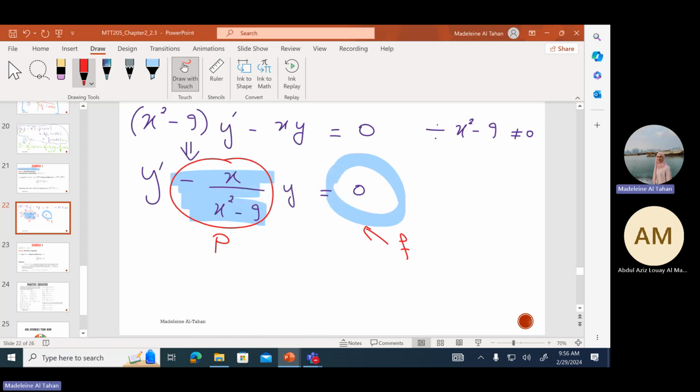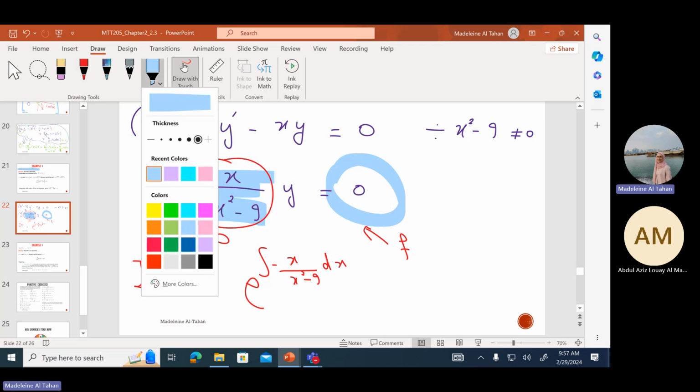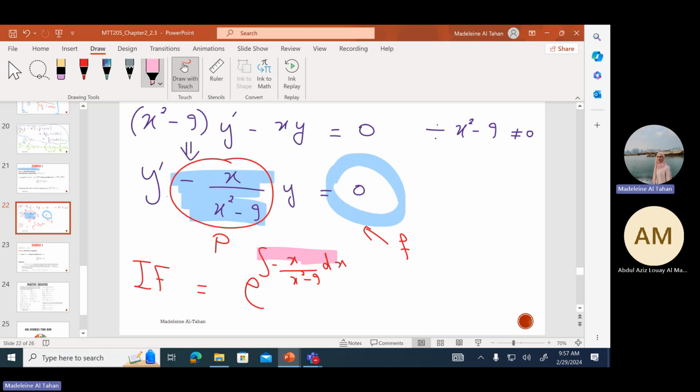So let's write the integrating factor together. It is e to the power of the integral of negative x over x squared minus 9 dx, right? First of all, we need to find this integral.